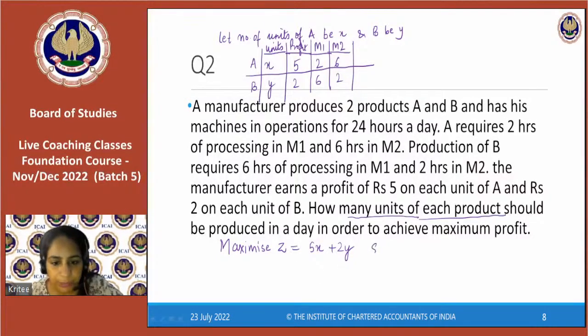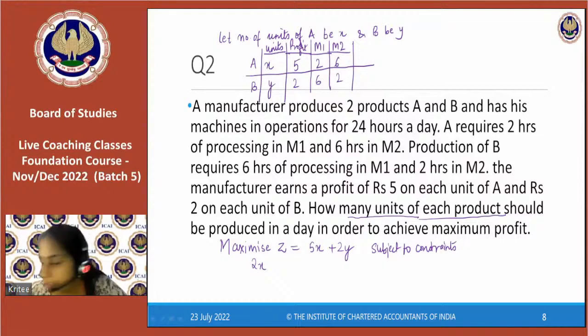Subject to constraints. But I have a limitation. I have certain limitations that in machine 1, if 1 unit takes 2 hours, how much time will X units take? It will be 2X. If 1 unit of A is taking 2 hours, X units will be taking 2X.